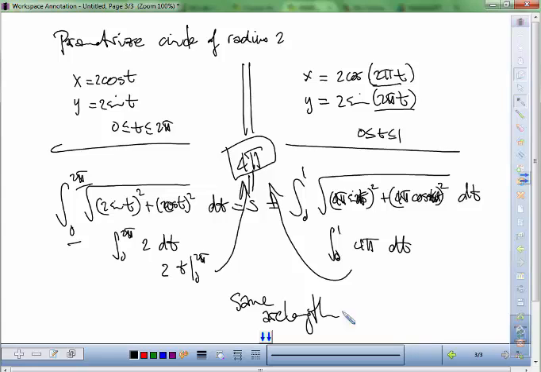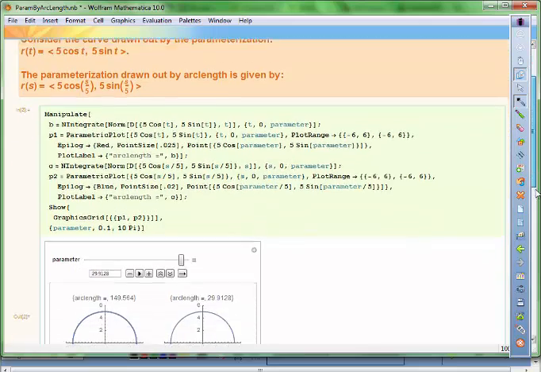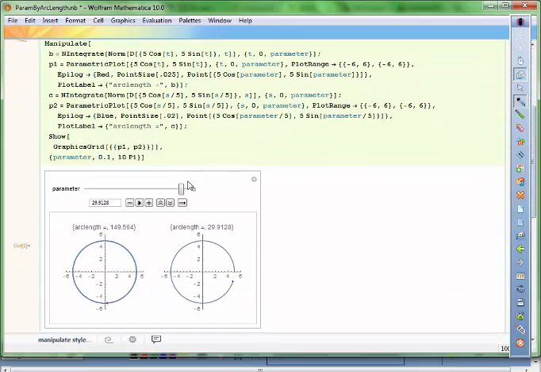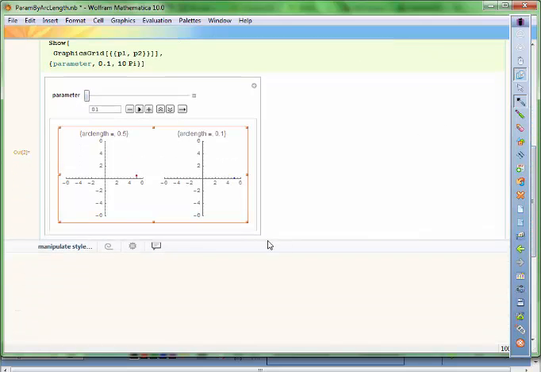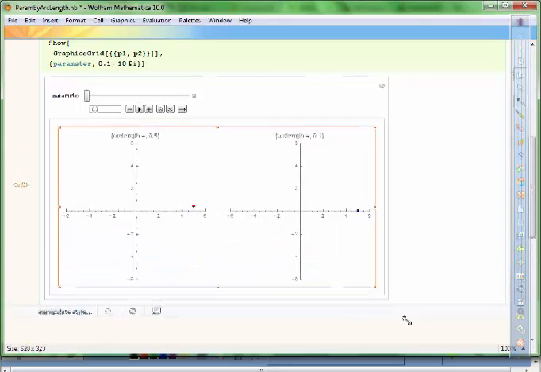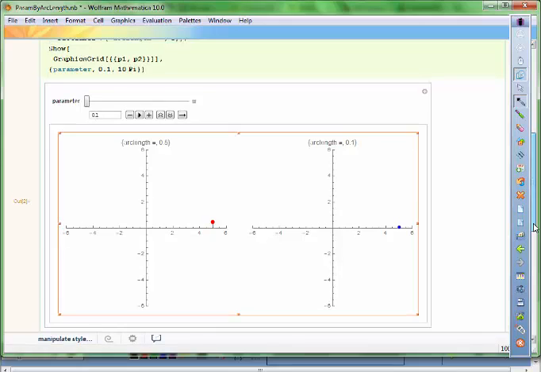Let me see if a picture will help in figuring this out. I have a couple of circles that I parameterized. One I parameterized using regular parameterization, and the other using a different kind of technique.